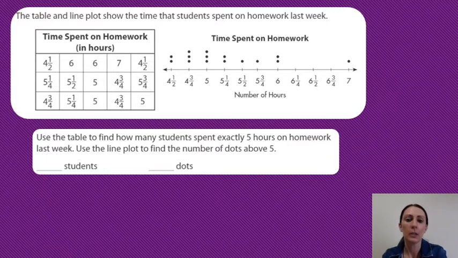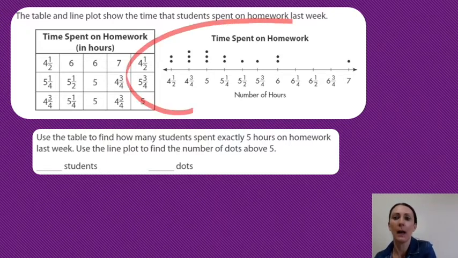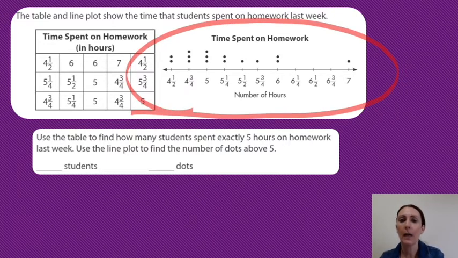Question says, use the table to find how many students spent exactly 5 hours on homework last week. Use the line plot to find the number of dots above 5. So you can see that this line plot is all about time spent on homework. And I know that because of the title.